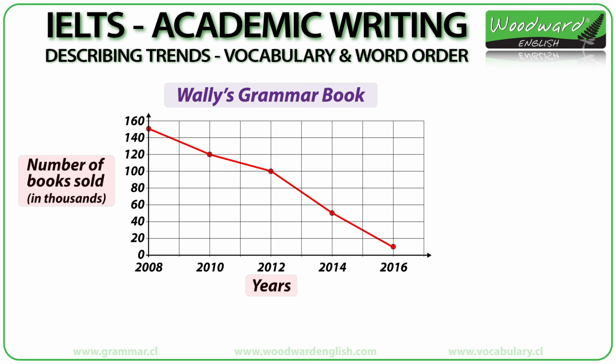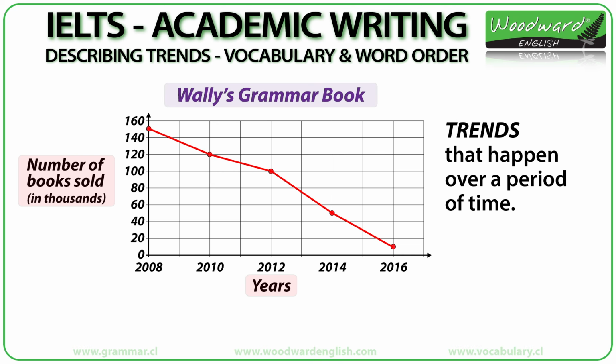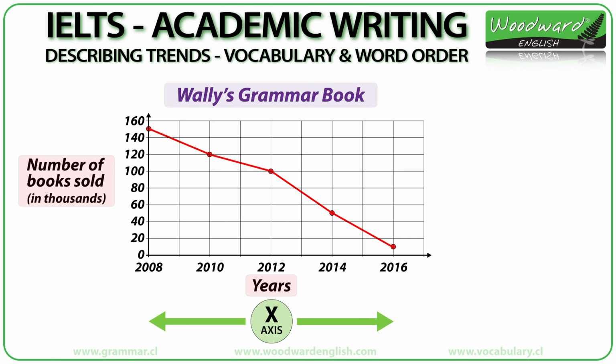Here is a simple line graph. Line graphs are used to show trends or tendencies that happen over a period of time. A graph has an x-axis, which gives us information on the horizontal axis, and a y-axis, which gives us information on the vertical axis.